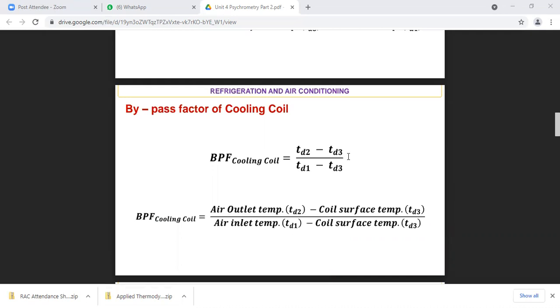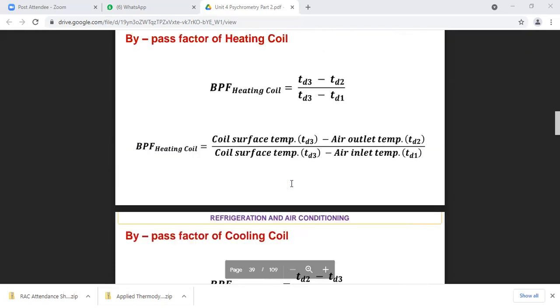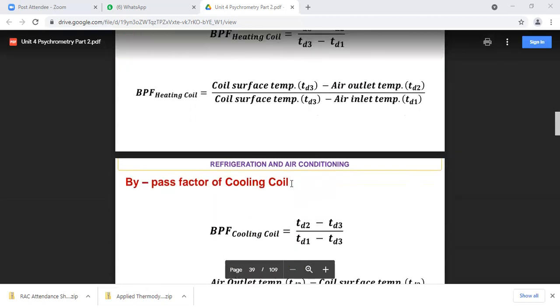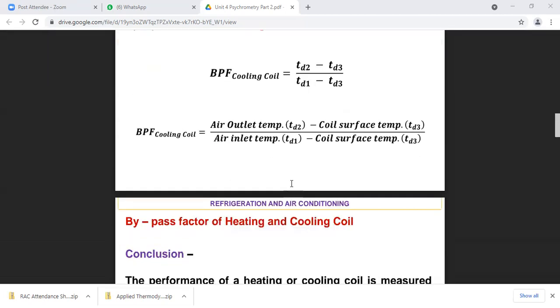This is td2 minus td1 upon td3 minus td1, where td2 is the air outlet temperature, td3 is the coil surface temperature, and td1 is the air inlet temperature.